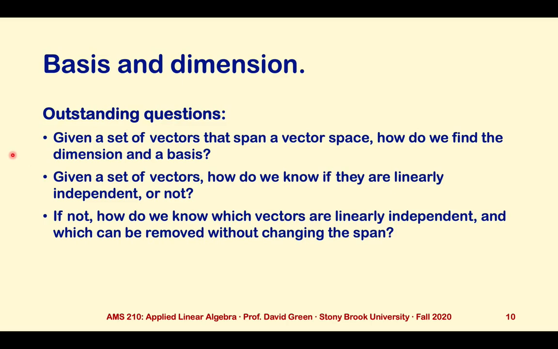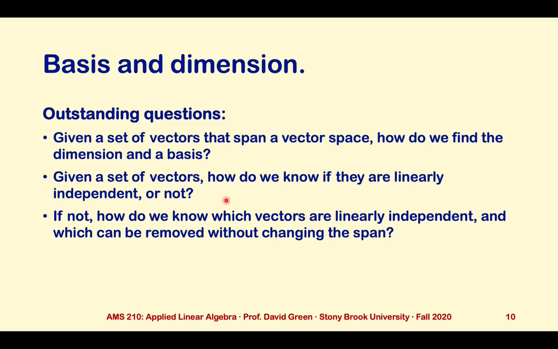If a set is linearly dependent, how do we know which vectors are linearly independent and which aren't? Which vectors can we safely remove without changing the span? If we could answer these two questions, then we would be able to define a basis. We could remove vectors from the set until we had a linearly independent set.